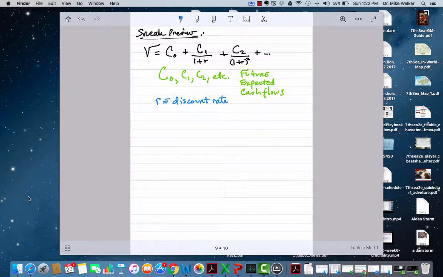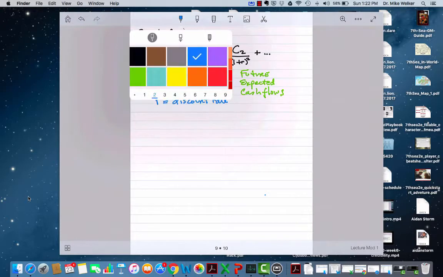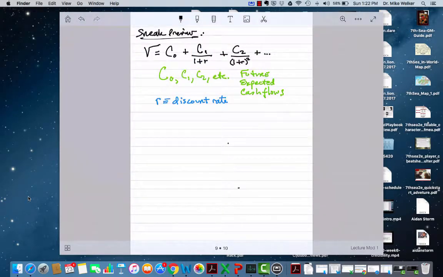And you need some idea of an appropriate discount rate. The appropriate discount rate depends on the riskiness of the asset or the company. The riskiness.